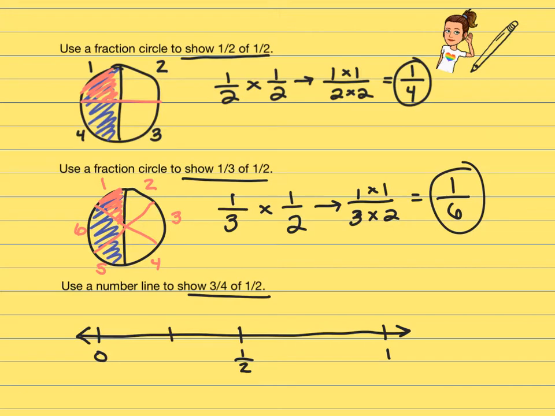Let's put a tick mark in the center, in the center, in the center. Do you see what we did? We have 1/4, 2/4, 3/4, 4/4. We made fourths. Now we're going to show 3/4. So we're going to draw an arrow and we're going to stop at that 3/4.